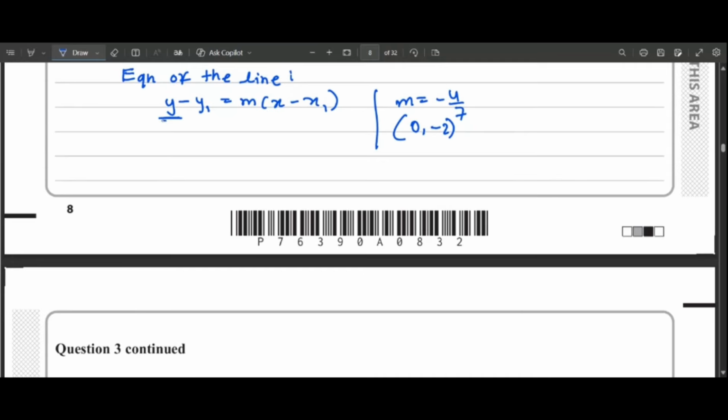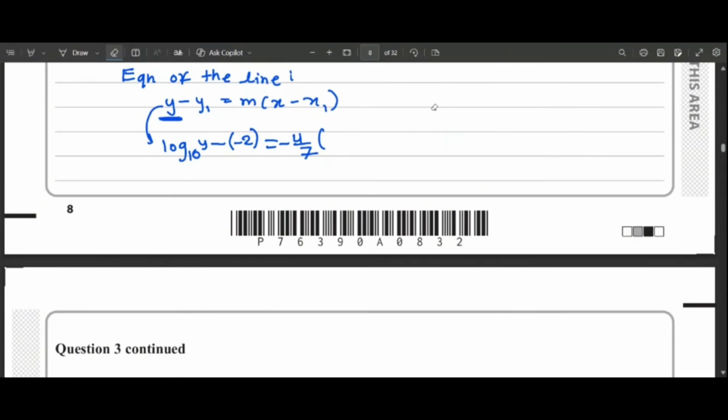The y variable in this case is log10 y instead of y, and minus y1, which is minus -2, equals m, which is -4/7, into x. Instead of x, in this case we have log10 x as our independent variable, minus 0.